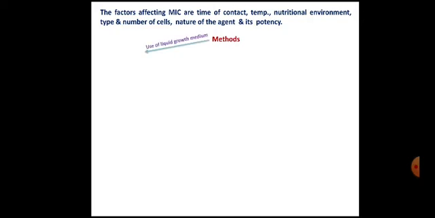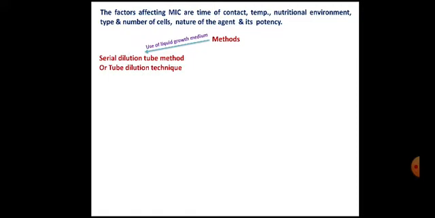Now, the method. In general, there are two methods by which we can determine the minimum inhibitory concentration of antibiotic for a particular pathogen. First is the use of liquid growth medium.